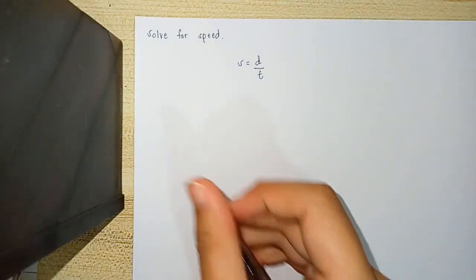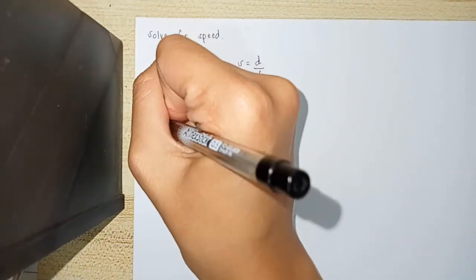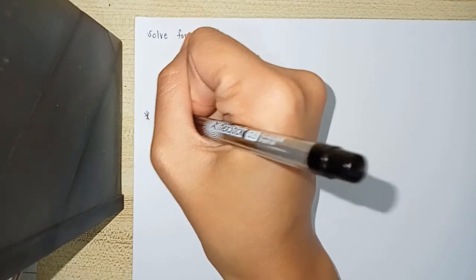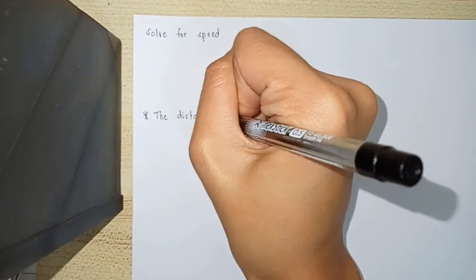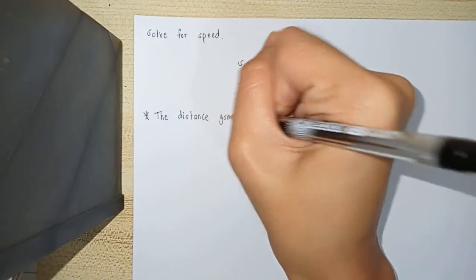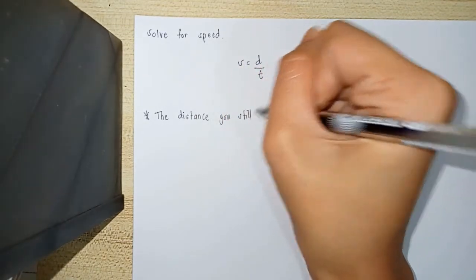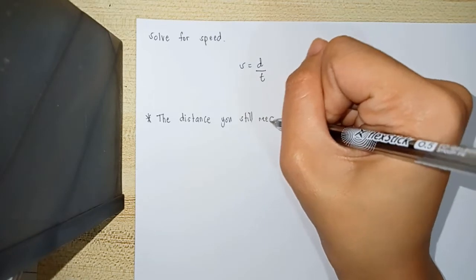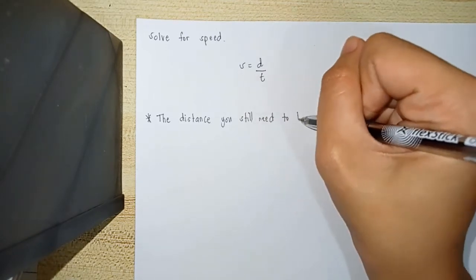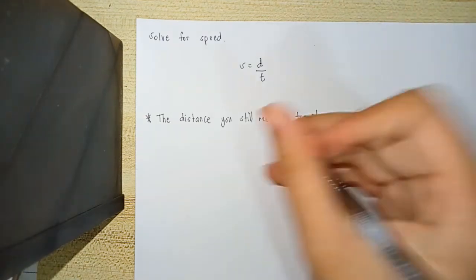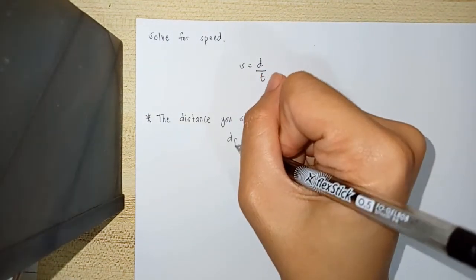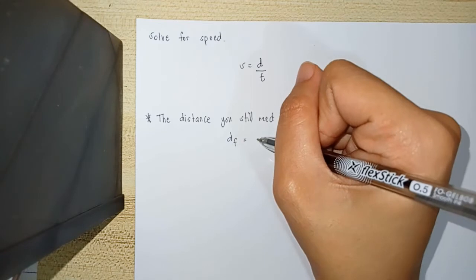S is equal to D over T. In order to solve for the speed, we need to have the distance. So you are only solving for speed after we've traveled 100 kilometers and 40 kilometers. So you need to solve for the distance you still need to travel. How will we solve that?